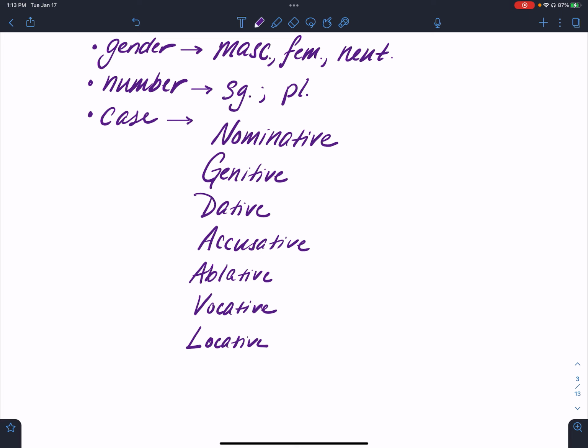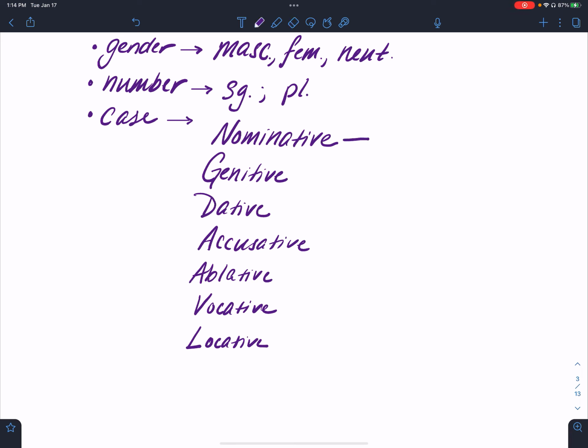English is very limited: we use nominative and we use accusative. Uppercase and lowercase is different. That's just the difference between capital letters and little ones. That's case in a different sense. But good thought.